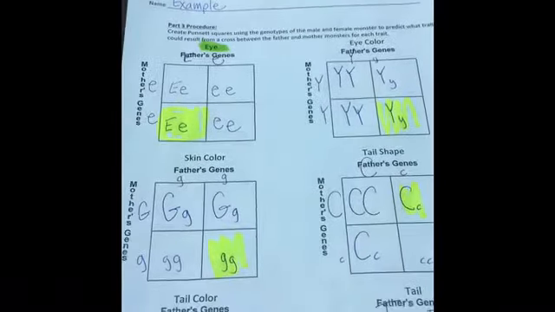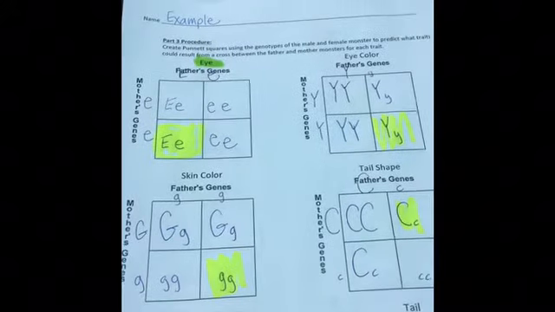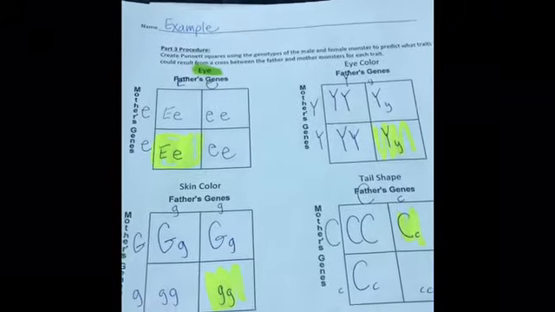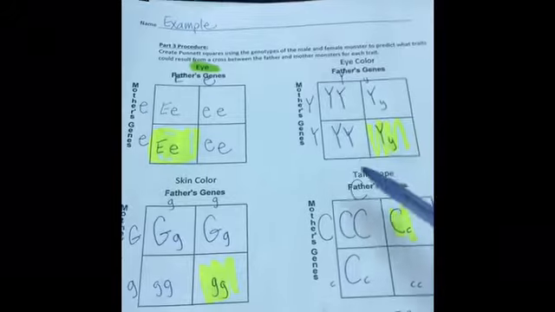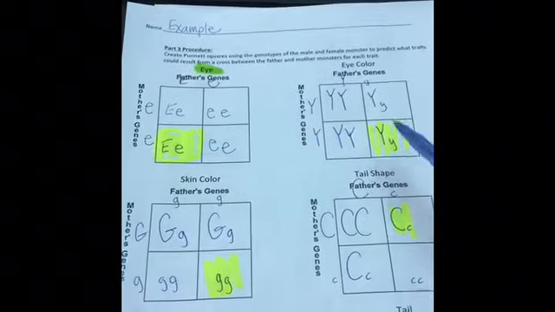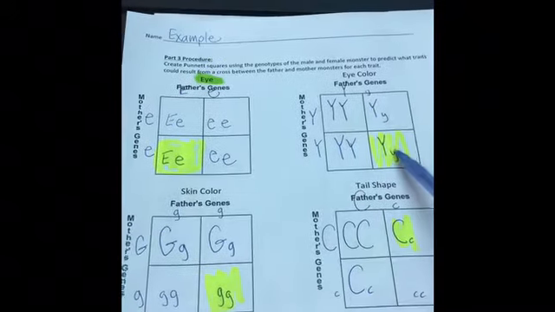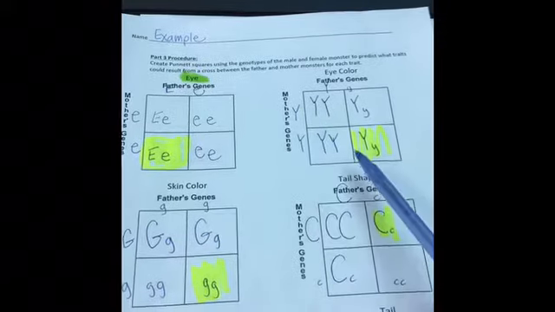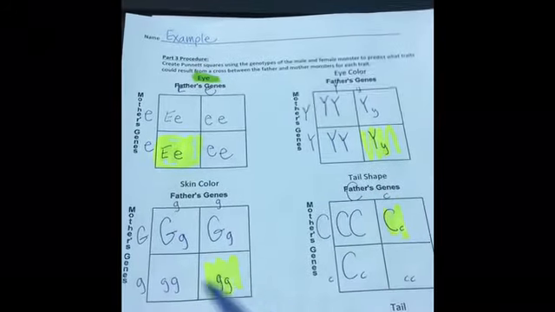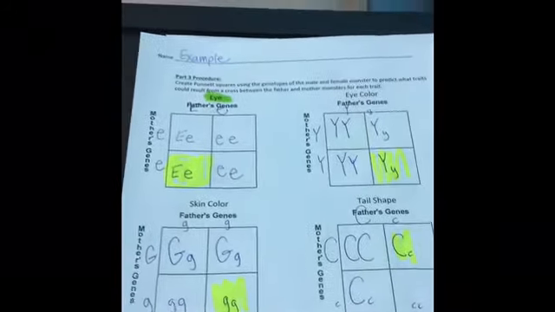Okay, I just got done transferring all of mom and dad's genotypes from my sheet over to the Punnett squares. I dropped the tops and I slid the sides, and then I just randomly selected whichever genotype I wanted to go to the baby.